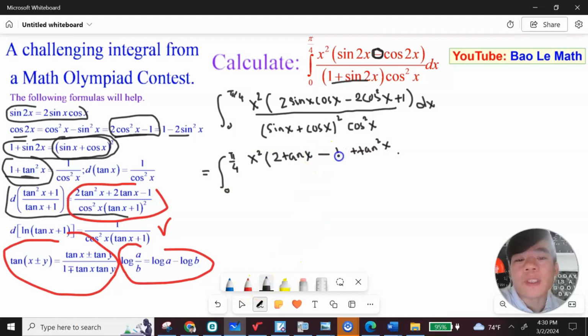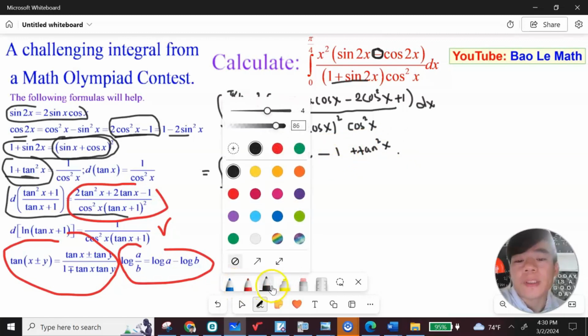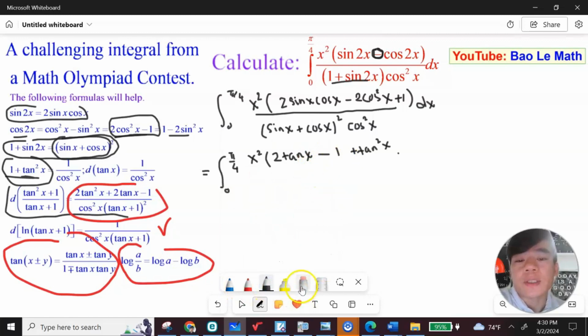So I put negative 1 here, and I just rearrange them in decreasing order. So I have tangent squared of s plus 2 tangent s minus 1.